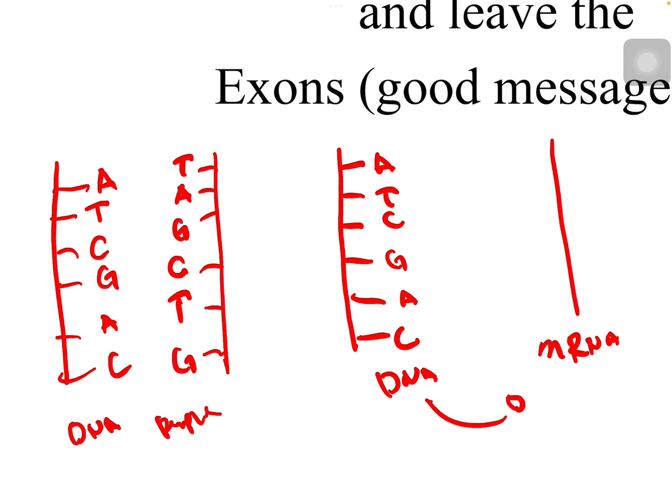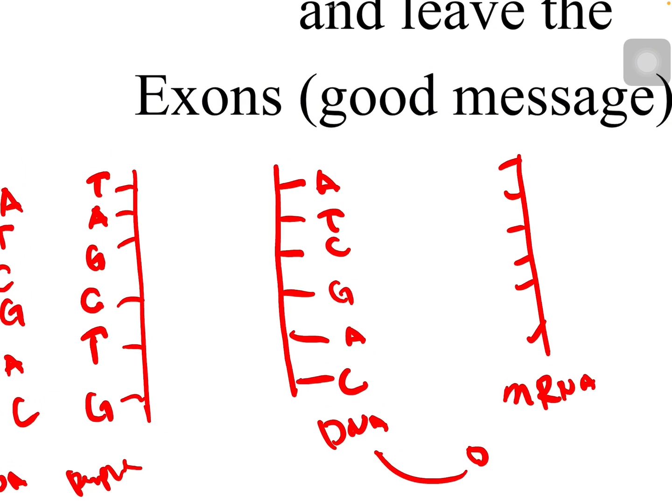Now, as you notice, if we will pair this adenine, normally pag nireplicate natin siya, it will be paired with thymine. However, in RNA, we don't have thymine. Thus, we will use uracil instead. We will use U.